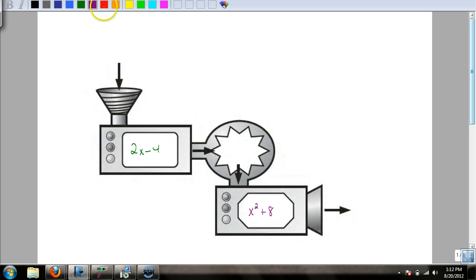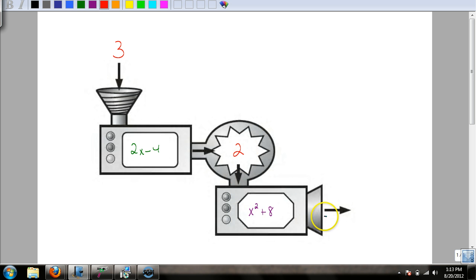This shows us a property about compositions. Again, I'm going to put 3 into this first function, take whatever that answer is and put it in the second function, and that will give us our final answer. So when I put 3 in the first function, 2 times 3 is 6. 6 minus 4 gives me 2.